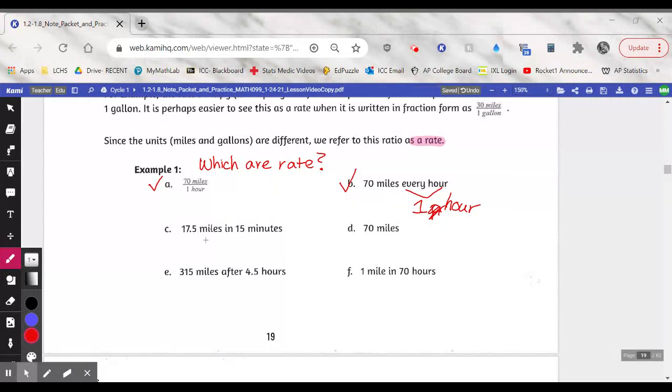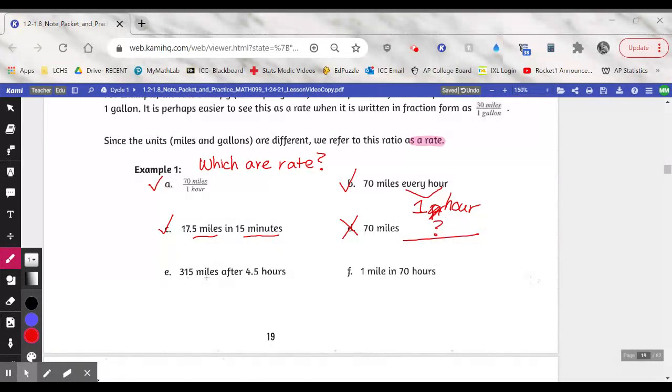C says 17 miles in 15 minutes. So we're comparing 17 miles and 15 minutes. Two different numbers with two different units. So that one also. For D, it only says 70 miles. Well, what are we comparing 70 miles to? It doesn't say. So this one will not work because we don't have a comparison to anything.